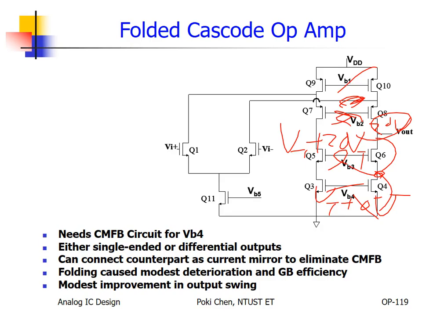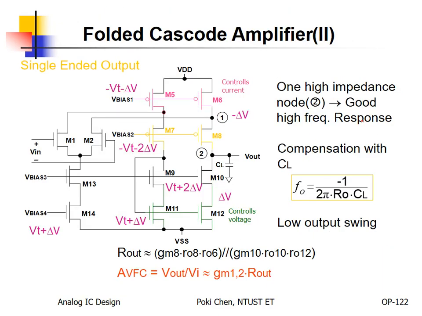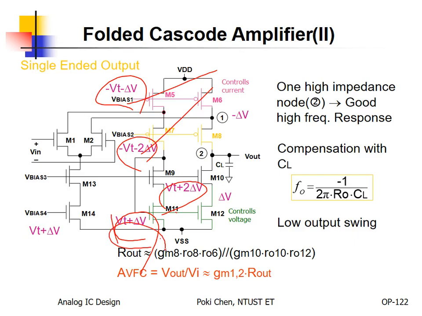But how to make it? Okay, let's go further. Something similar to here: VT, delta V, 1 VT, 2 delta V, right? I don't cheat. But how to make it? For 1 VT, 1 delta V, piece of cake. Everybody here can make it, right? But how about 1 VT, 2 delta V?